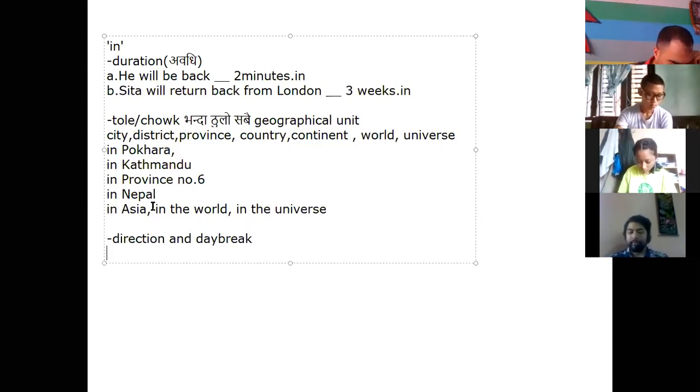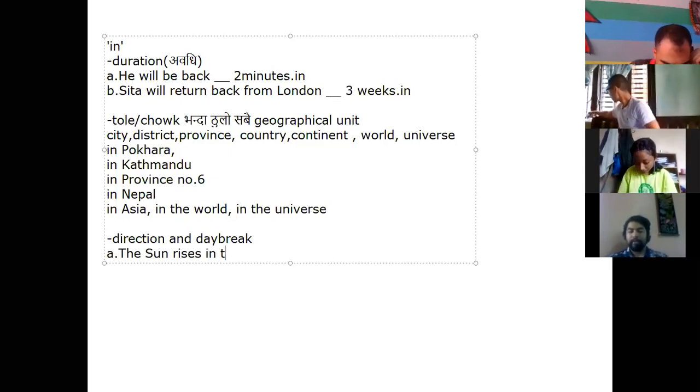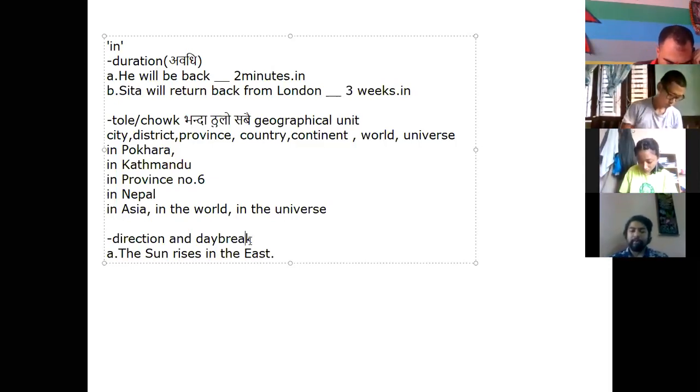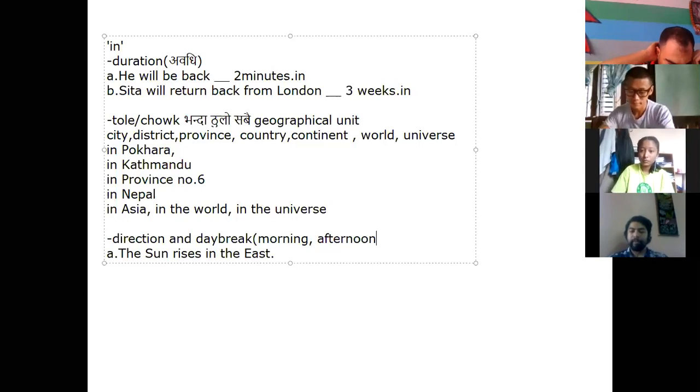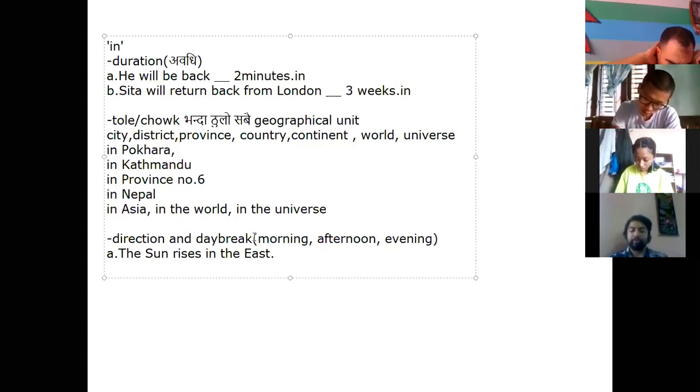Direction means east, west, north, south, right? The sun rises in the east. In the east, in the west, in the north, in the south. Use in there. So daybreak, what do we mean by daybreak? Morning, afternoon, and evening are known as daybreak, so before them also you use the preposition in.